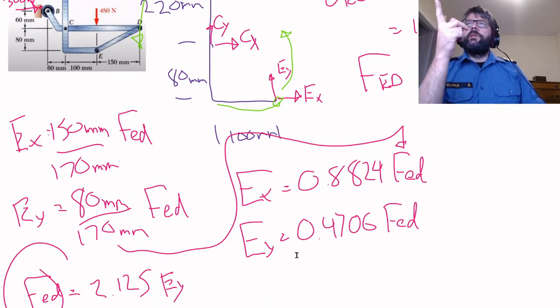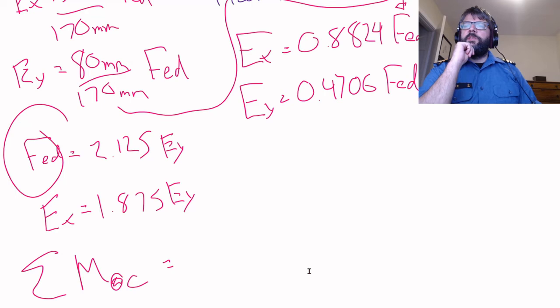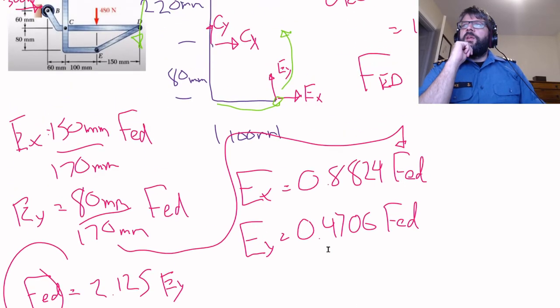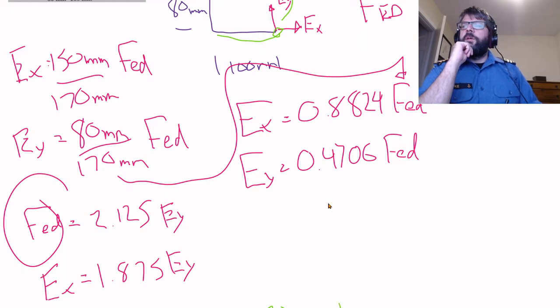So let's see, it's 300 newtons times 220 millimeters, plus EY times its horizontal offset, which is 100 millimeters. I'll keep it in EY: EY times 100 millimeters.